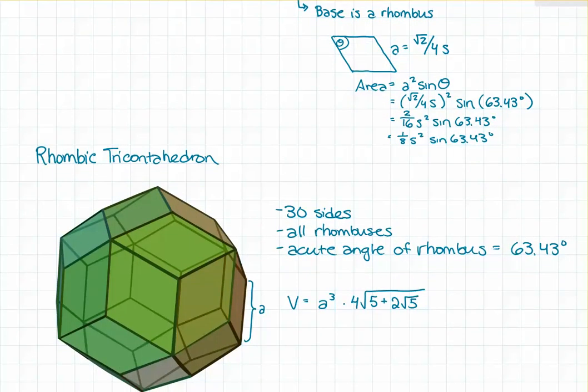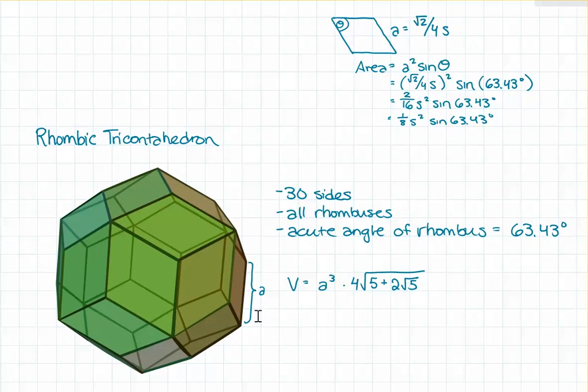So back over here, the volume is the side length, which we already found. So that was root 2 over 4 times 4 root 5 plus 2 root 5. This is cubed.